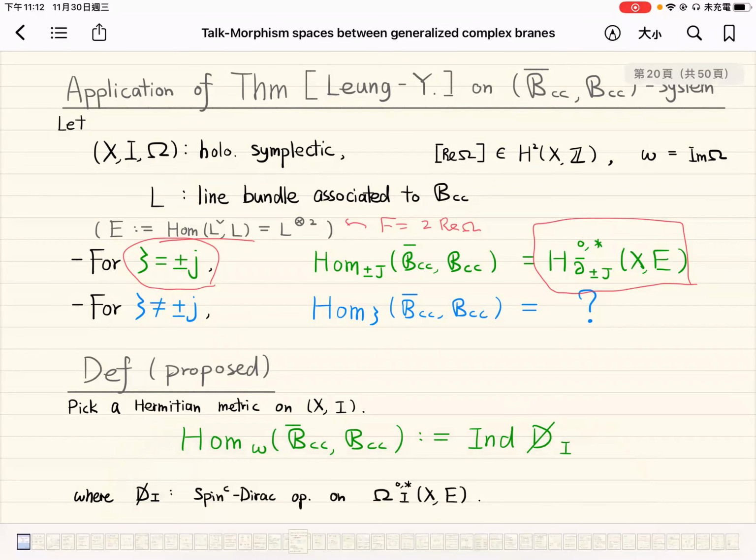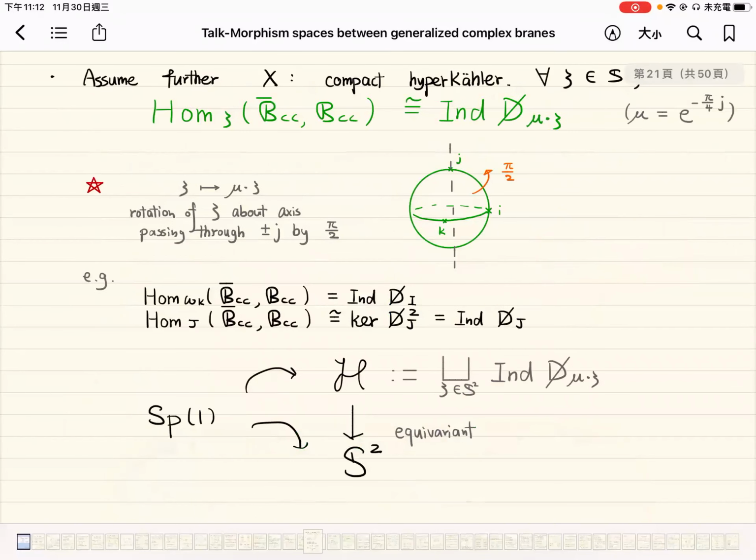Now we impose the compactness assumption and the hyperkähler assumption on the ambient manifold X, because X is automatically the intersection of the supports of the two branes, as the two branes are space filling.